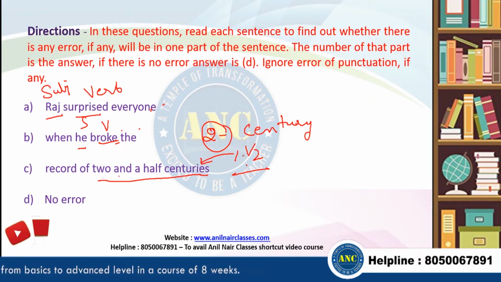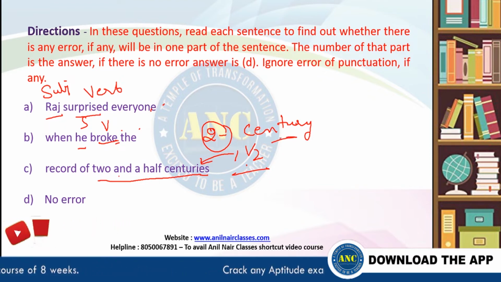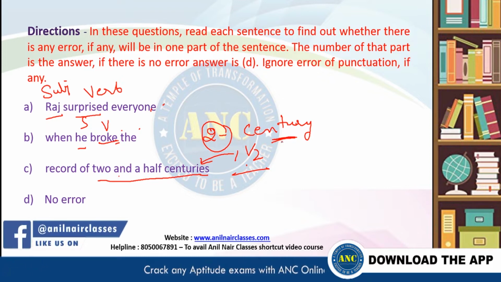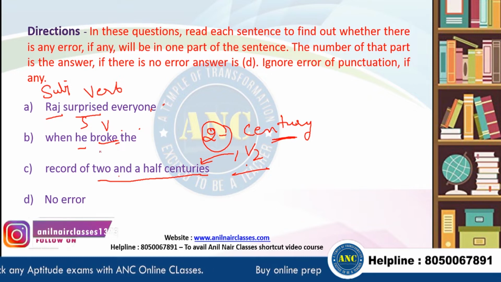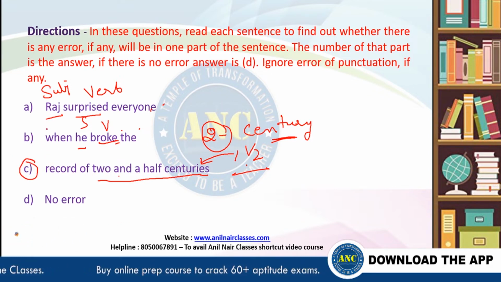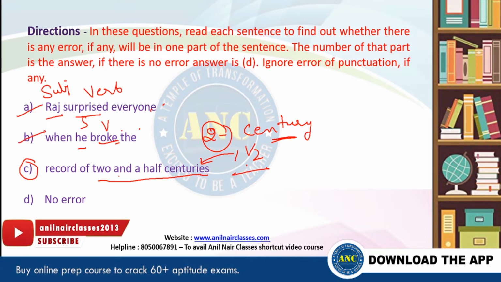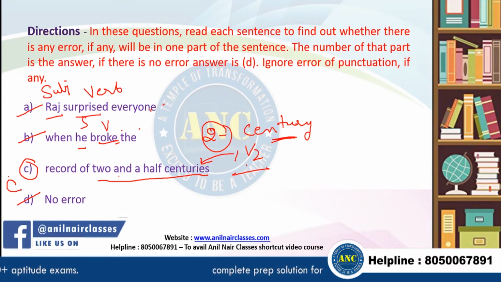Whether you say 1.5 or 2.5 or 3.5 or 10 or 12, century is a word which will always remain in its singular form. There is no plural form for century, which is why our C is the right answer, which has got the errors. The other A and B are error free. We can get rid of even D also. So your right answer is C.